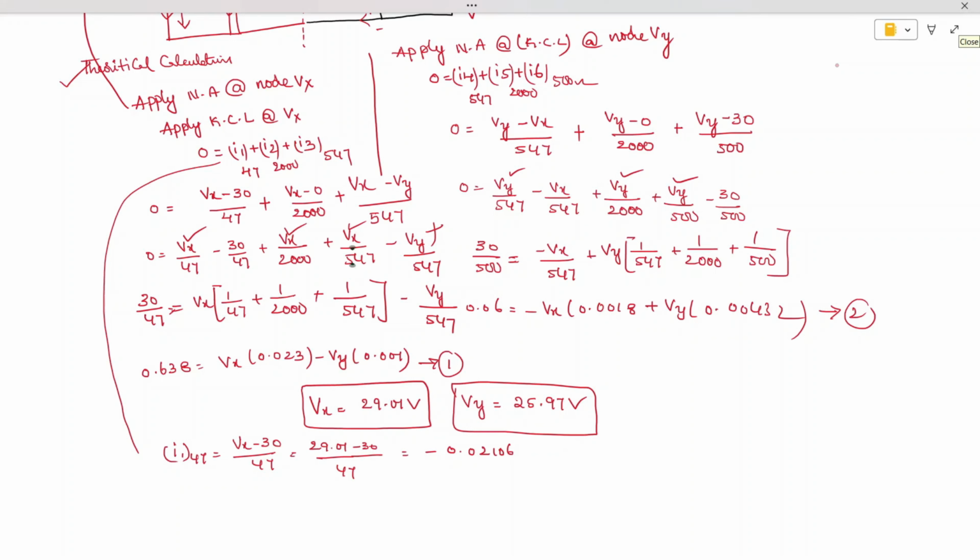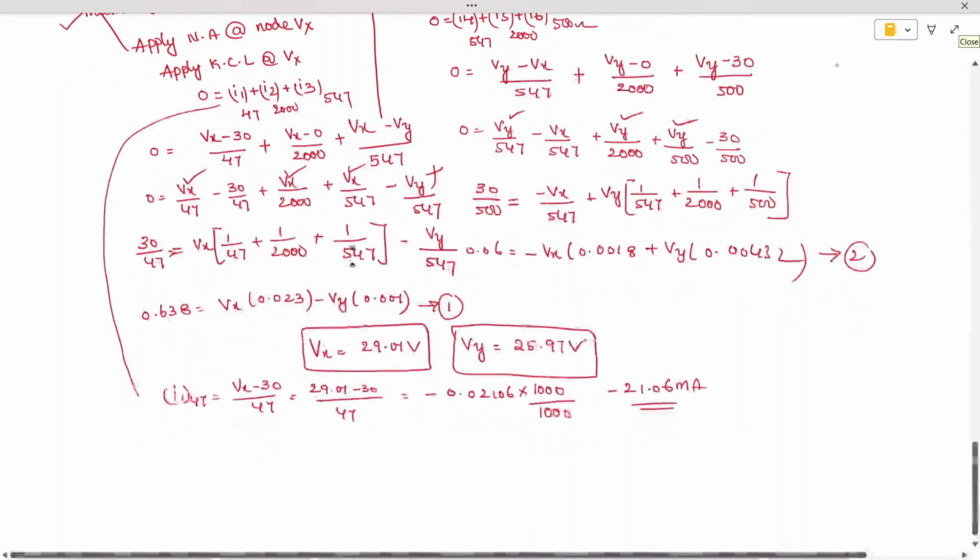We need to express it in milli, because we have only a milliammeter, so multiply and divide with 1000. When you multiply, how many zeros are there? 1, 2, 3. This is nothing but minus 21.06. You can write this as minus 21 milliamperes.